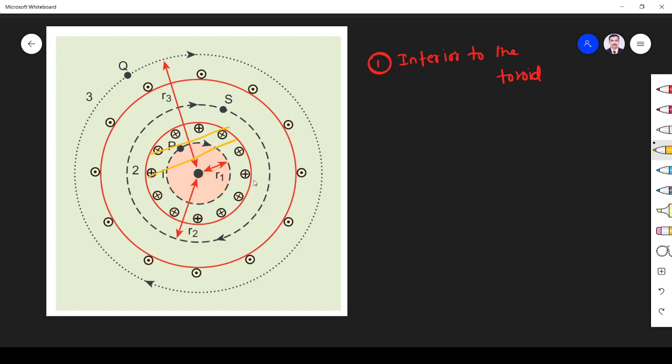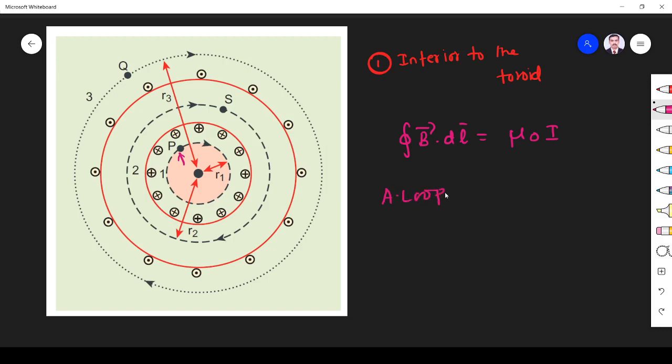Okay, so let us find the magnetic field at point P. We are going to use Ampere's circuital law. What is Ampere's circuital law? B dot dl is equal to mu naught I. Whenever you want to apply Ampere's circuital law, we have to choose an Amperian loop.